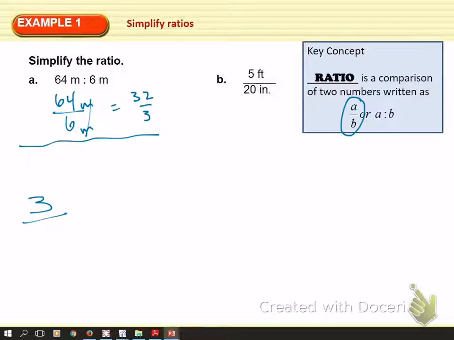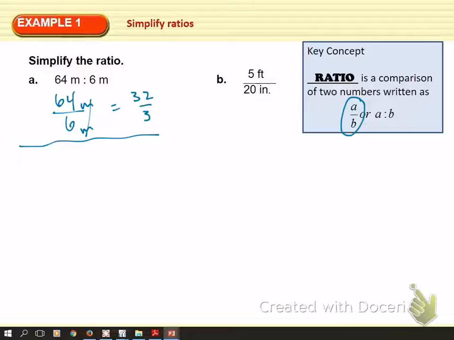If we had a ratio that reduces down to 3 to 1, what that tells you is that the first measurement, the first amount, is 3 times larger than the second one. That's why 3 to 1. If we're looking at this as 32 to 3, it's a little bit tougher to pick out that meaning.